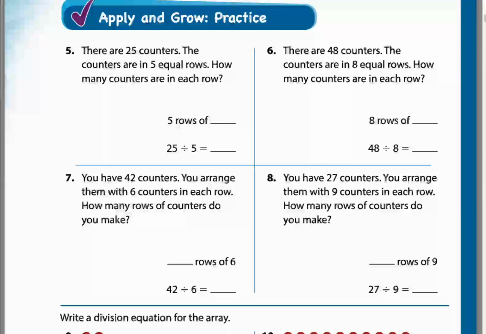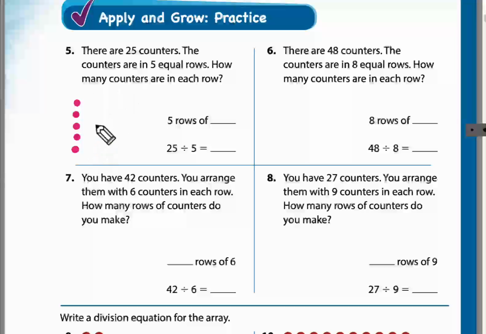So, to do this, we start with 5 equal rows. So, we put 5 counters. 1, 2, 3, 4, 5. Then we start putting counters till we reach the number 25.